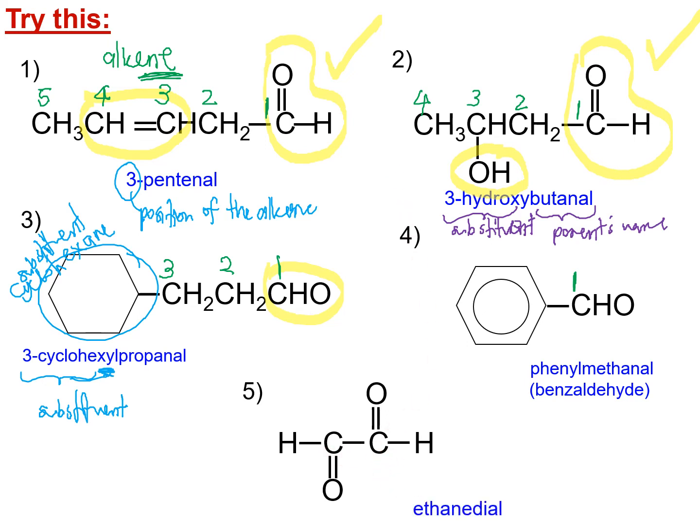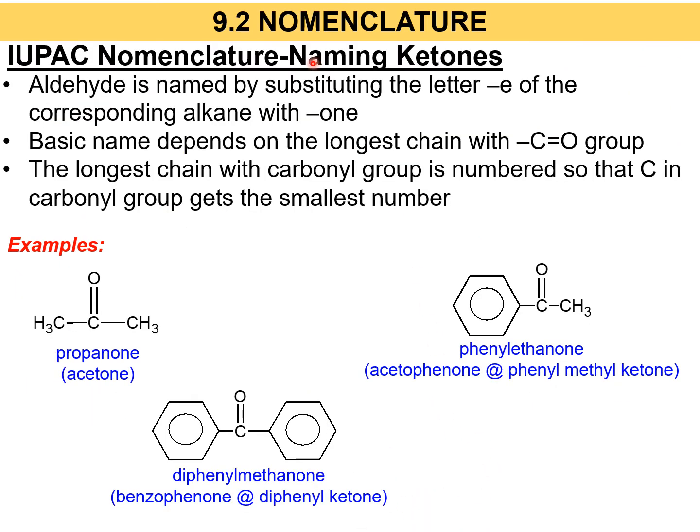Here we have 2 carbons as the parent, so it should be ethane. Since both carbons have an aldehyde at the right and left ends, we put di and then dial. So it will be ethanedial.